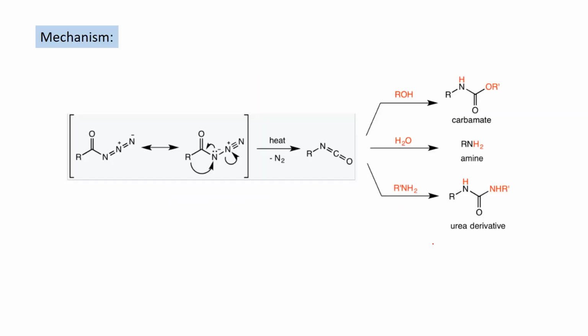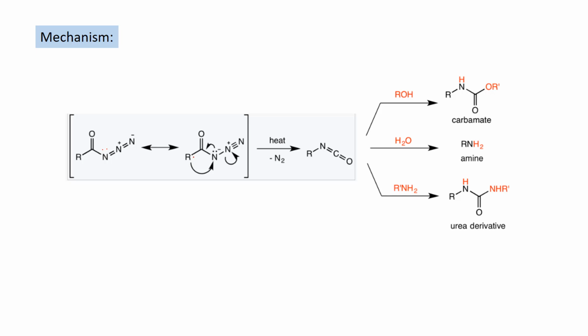So what is the mechanism? This undergoes a thermal decomposition. How does it go? This lone pair comes here and the R group shifts from the carbon center to nitrogen, just like the Beckmann rearrangement.